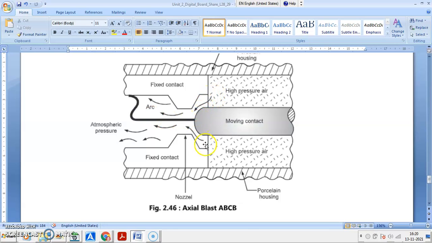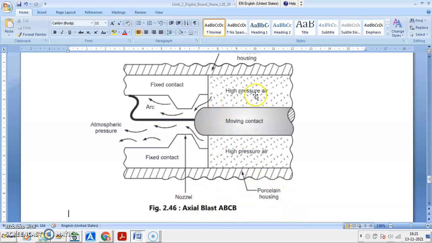After releasing this high pressure, the pressure of air will go down to atmospheric pressure, you can fill this air to the compressor, and again you have the compressed air available in your tank. So this is the axial blast circuit breaker.